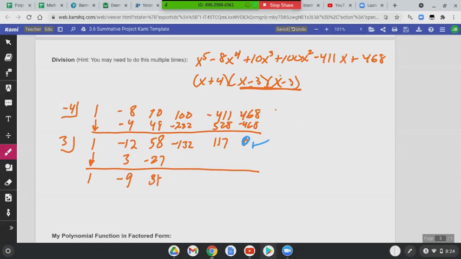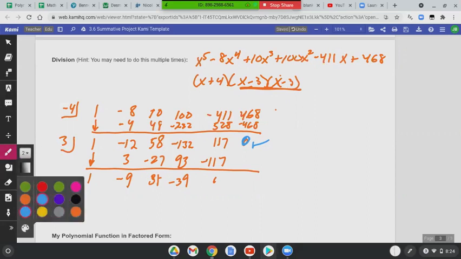So we add, and then we multiply. And then we add, and we multiply, and we get -117. Good. And when we add that down, we get 0, and that's what we need.